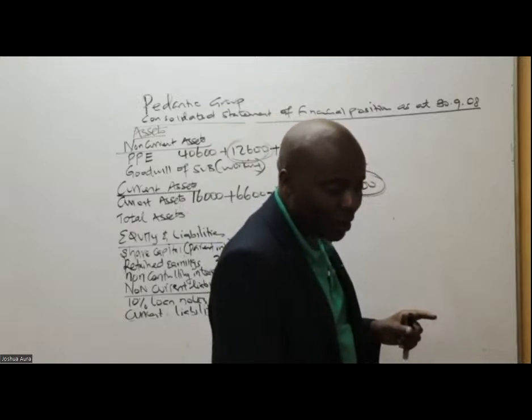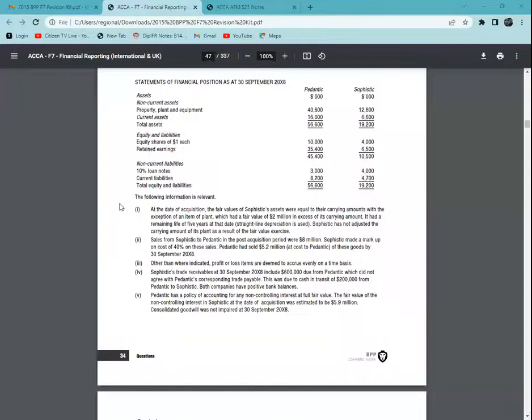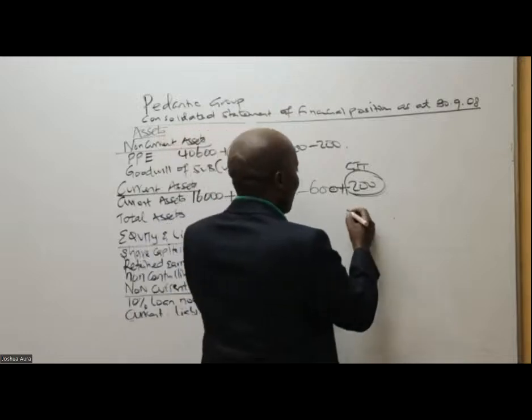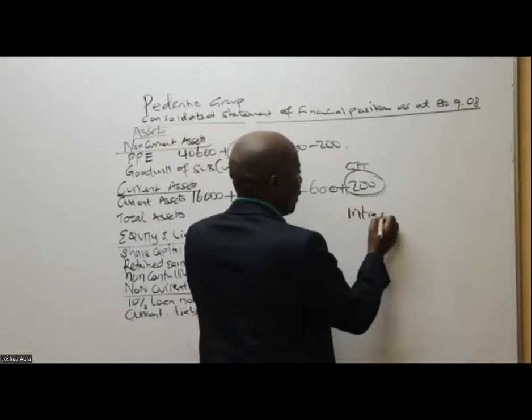Now, ladies and gentlemen, listen to me very well. Tuendelee kusoma hii statement. Due from pedantic, which did not agree with the pedantic's corresponding trade payable. This was due to cash in transit of 200 from pedantic to sophistic. Nisikizeni, hizi kampuni mbili ziko na internal owings, intra owings.